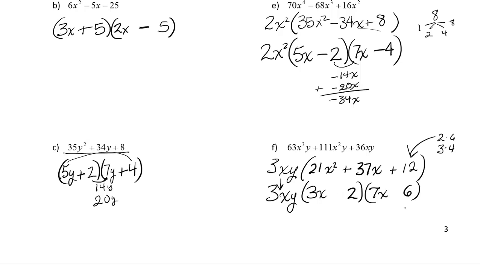So 3 times 6 is 18. And 2 times 7 is 14. And if I add those together, I get 32. So that does not work. Let's try something else. Let's try 4 and 3.